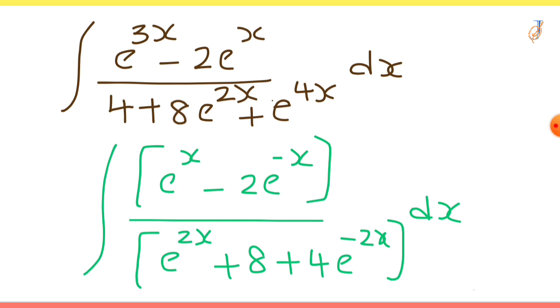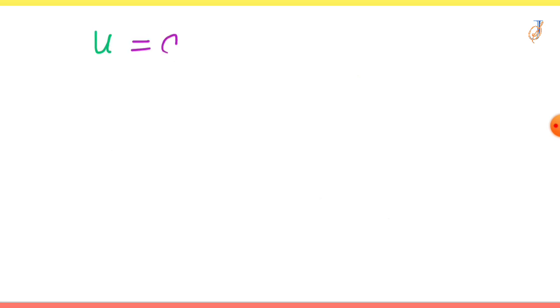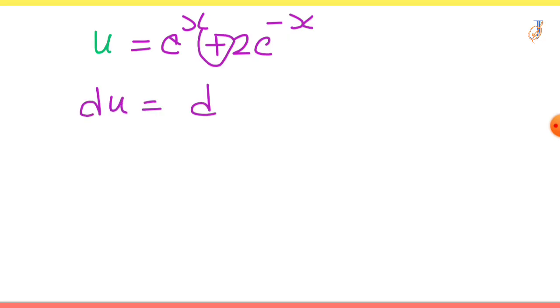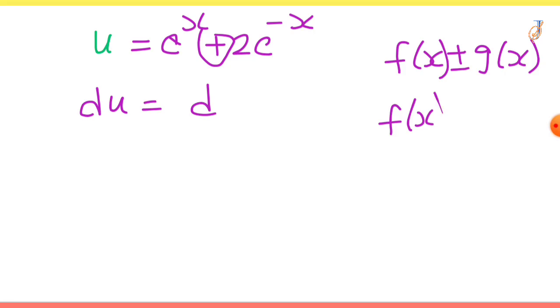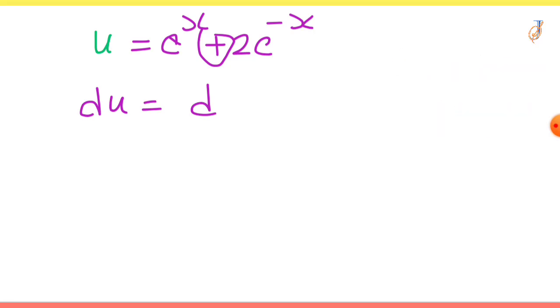Now observe, if you substitute u as e^x + 2e^(−x), let's take this and do the derivative of this. What is the derivative of u? This is in the form of f(x) plus or minus g(x), so whenever you have terms like this, you can split and do the derivative individually.